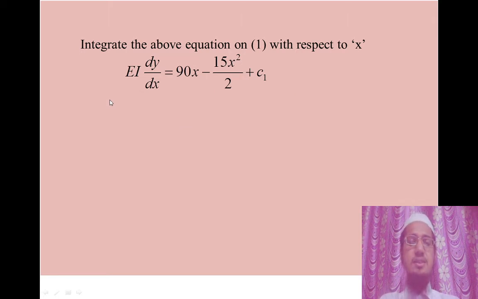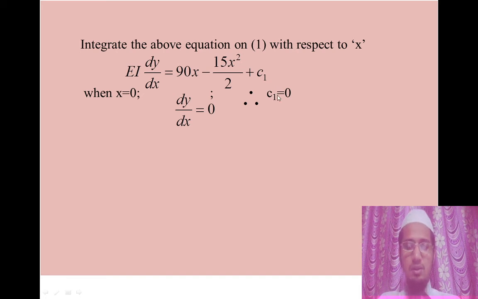At a distance x equals 0, the section is at the fixed end, where we know that slope dy/dx equals 0. If we put x equals 0, dy/dx equals 0, then c1 will become 0.